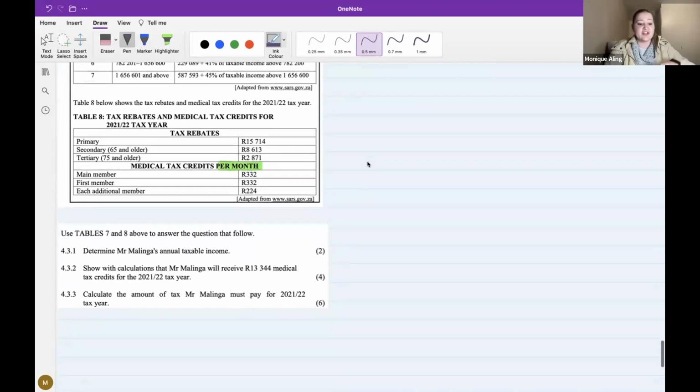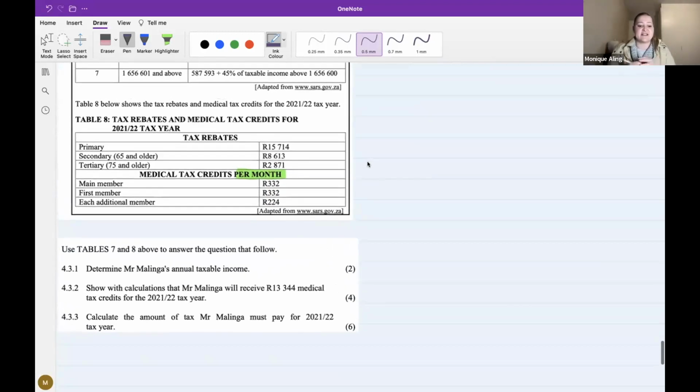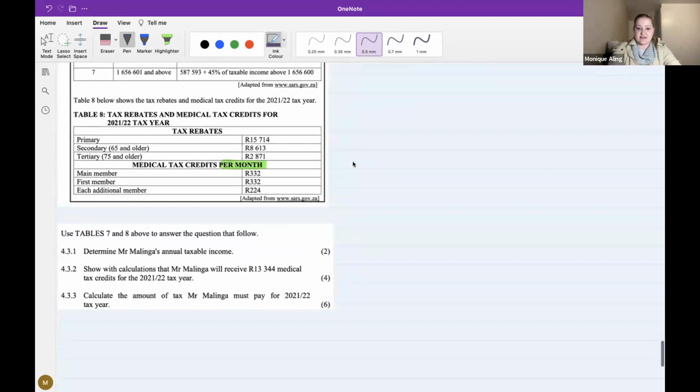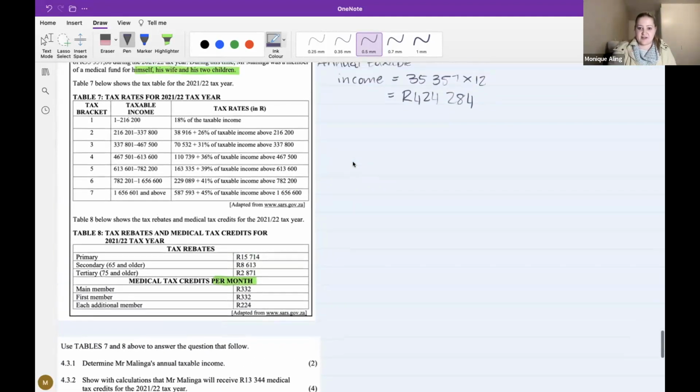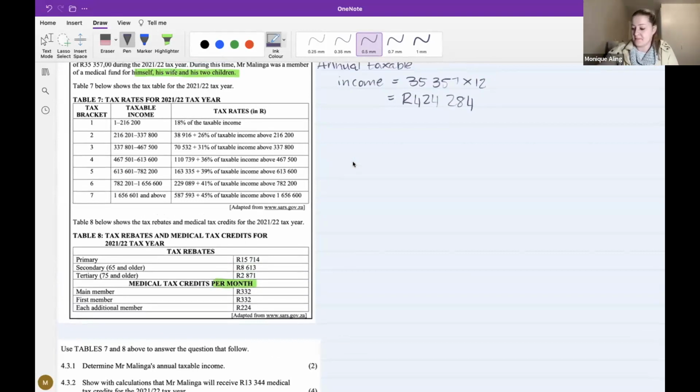Next question. Show with calculations that Mr. Malinga will receive 13,344 Rand medical tax credits for the 2021-2022 tax year. So we need to work out his medical tax credits. So remember, it is monthly.